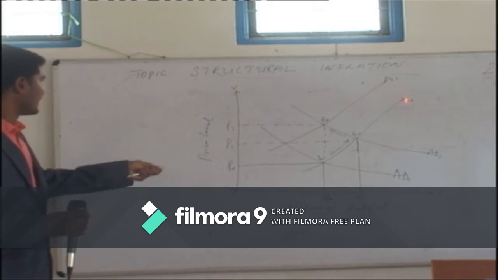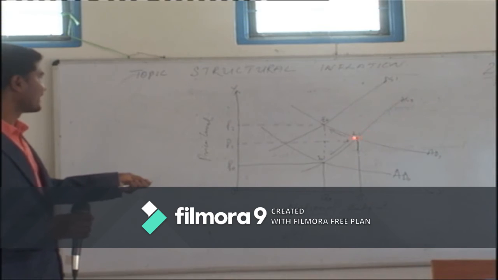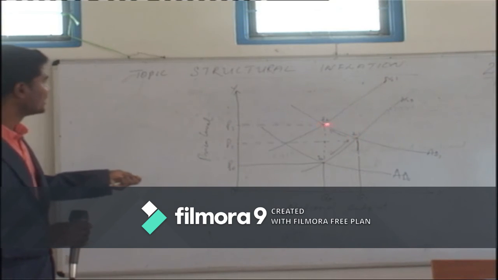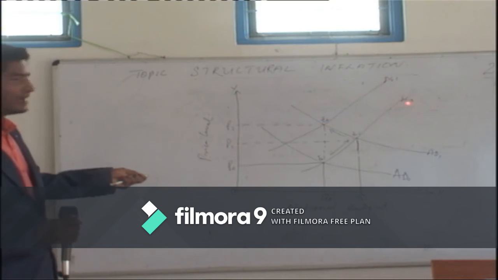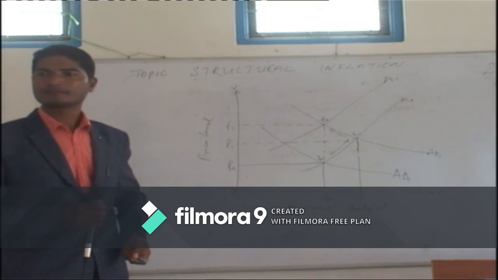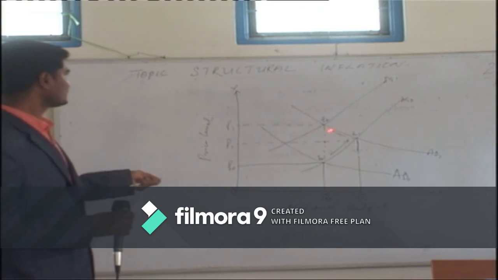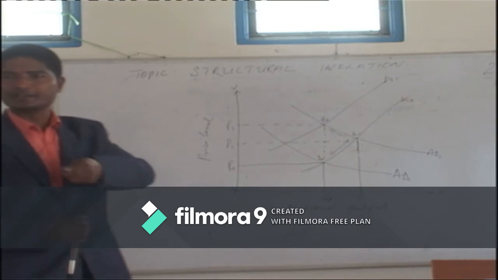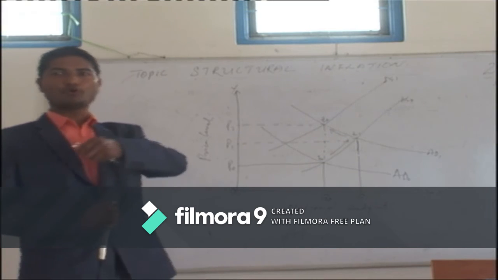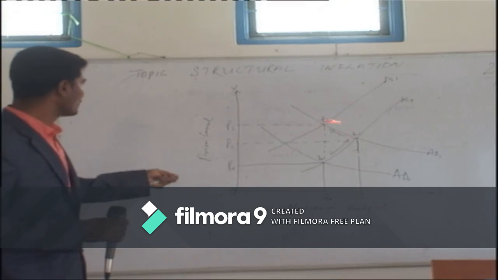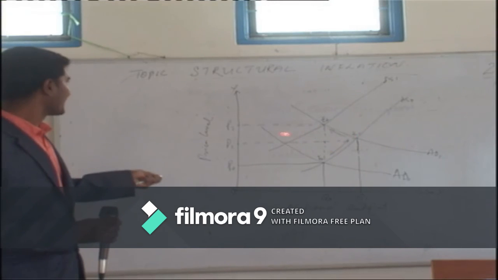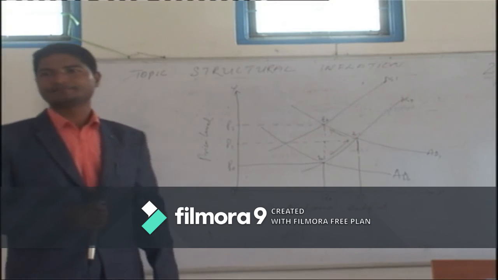This shifting of your equilibrium point from E1 to E2, with the supply curve shifting from AS0 to AS1, is mainly due to an increase in the cost of production. So, the cost push factors are also working in the economy to bring a rise in price.